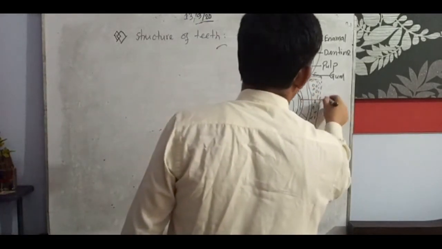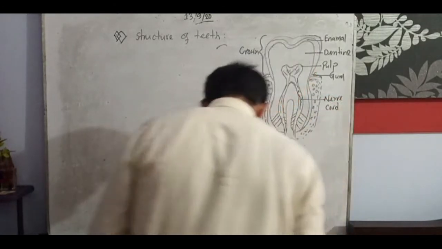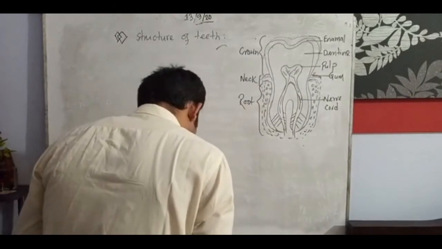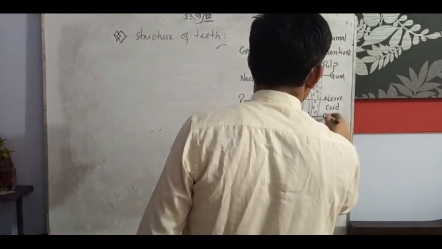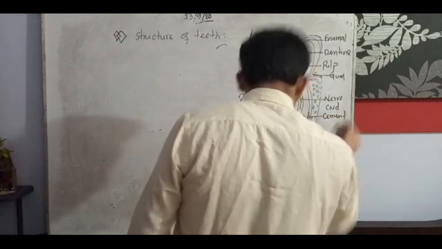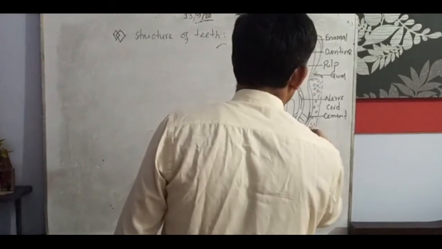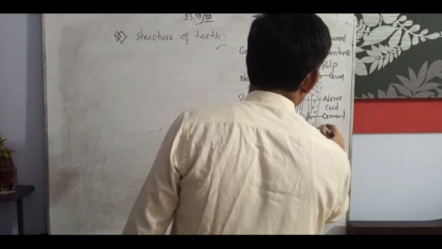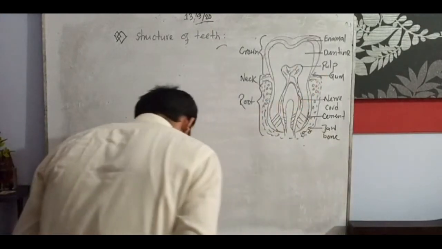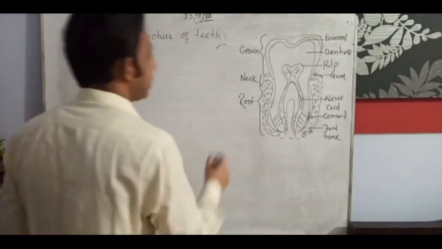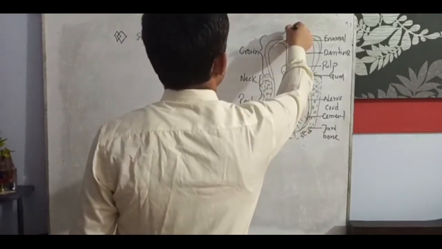This is the nerve cord, and then that part is the cement, and the jawbone, and another one is the blood capillaries. We have seen here the blood capillaries.